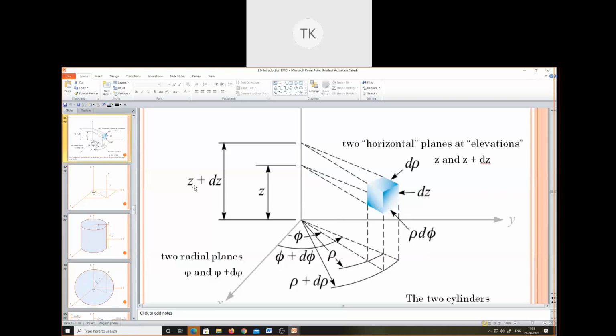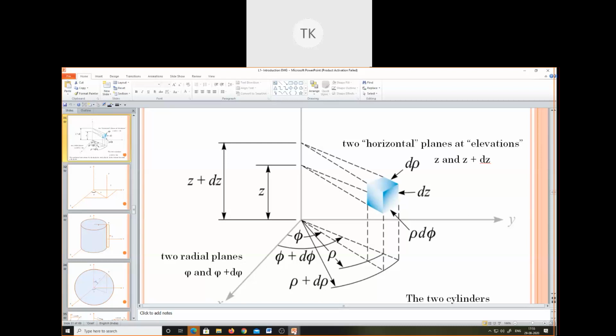This is z, and the increment in z is dz. In the direction of phi, the initial angle is phi, and the differential angle we have added here is d phi. Due to the increment in all directions, there will be a differential volume. Rho is the actual distance of the point from the z axis, so the differential length in the direction of rho is d rho, in the direction of z it is dz, but in the direction of phi, because this is an angle, the differential length is rho into d phi.